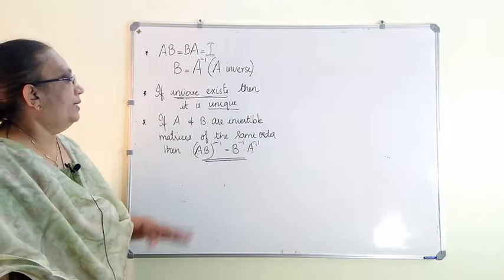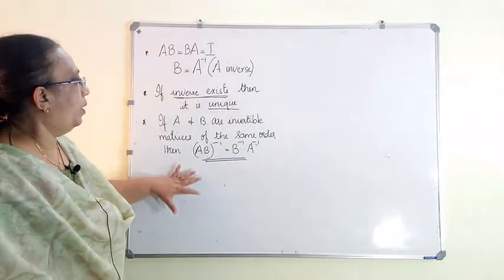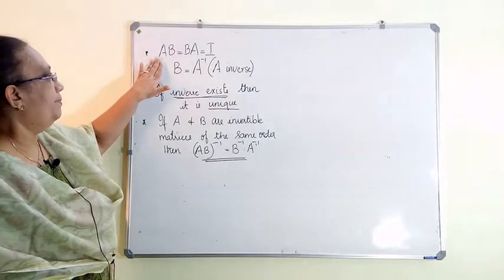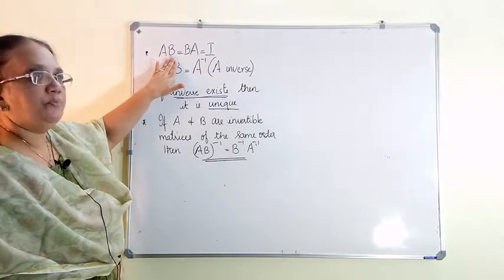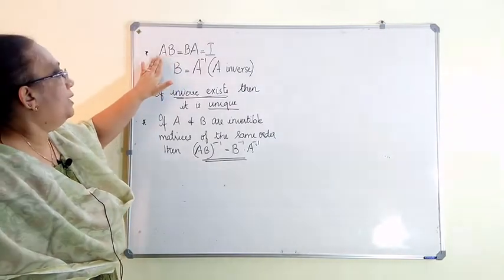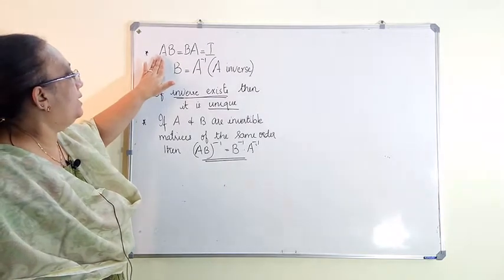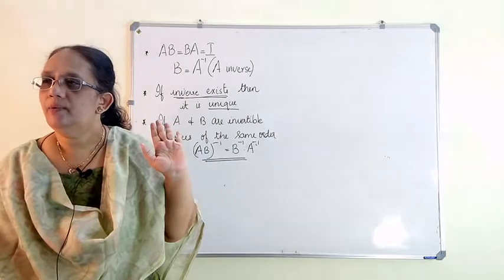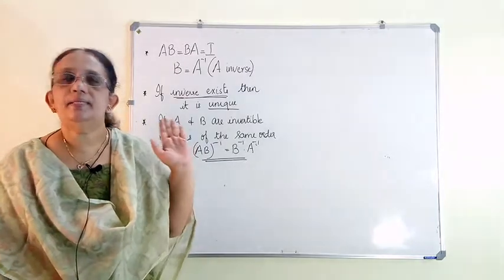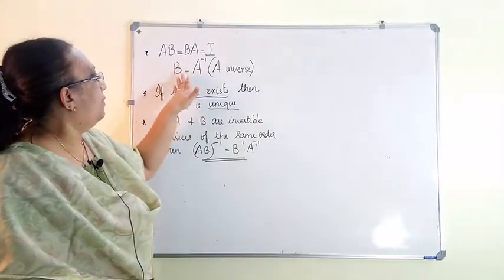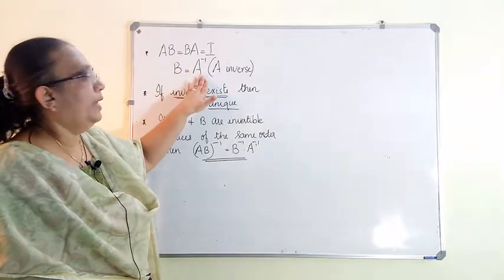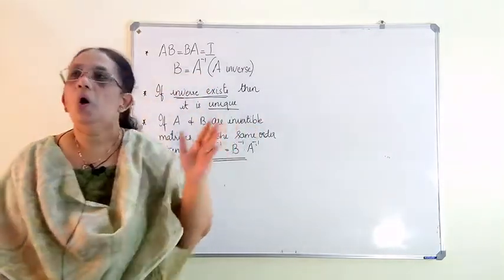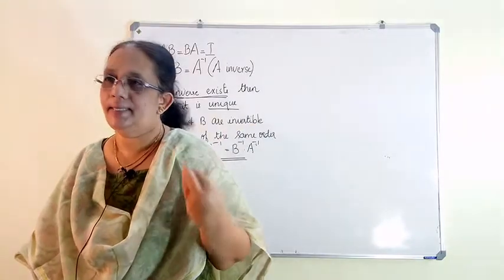So once again we will go through the three points. If there is a matrix A of order M and another matrix B of order M, such that AB is equal to BA is equal to I, then B is said to be the inverse of A, or B is equal to A inverse. If inverse exists, for all matrices inverse need not exist.